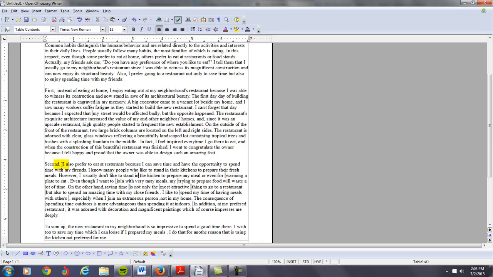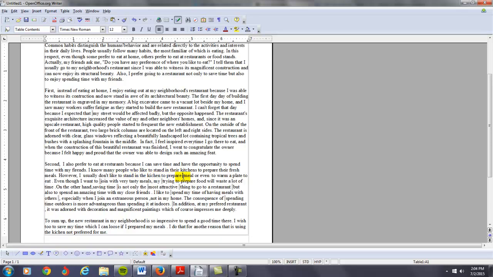So I usually don't like to stand in the kitchen to prepare any meal. Or even, I'm going to put here, because you're using the word or, which is a conjunction, so you need to balance this out. It's called parallelism. So then you say, I don't like to stand in the kitchen to prepare a meal, or even to warm a plate to eat.